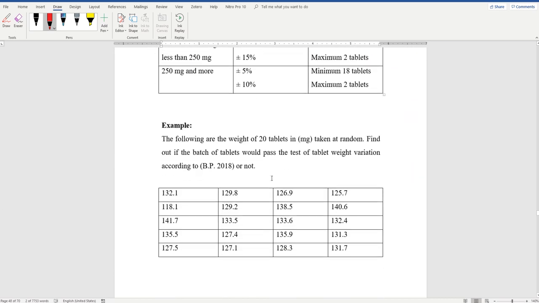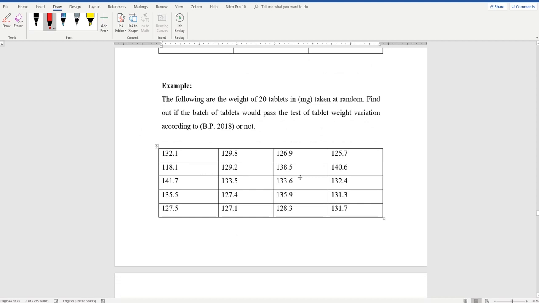Okay, here you have a homework for you to solve. Suppose you take a batch of tablets and you randomly take 20 tablets and measure the weight of each one. So let's say the first tablet weighs 132.1 milligram. The second one is 118.1 milligram, and so on.